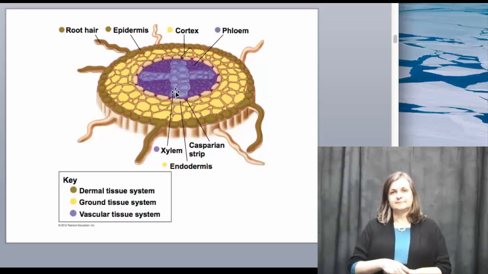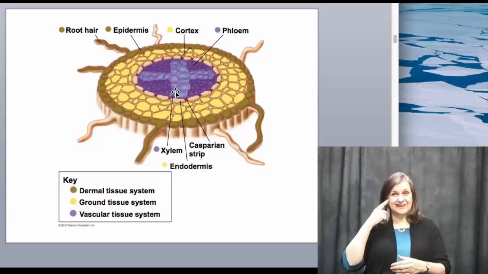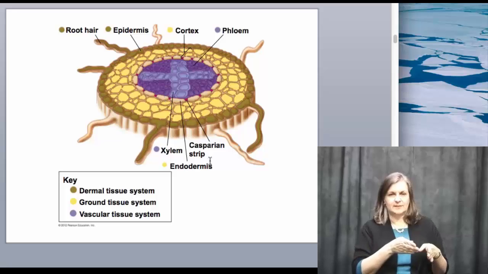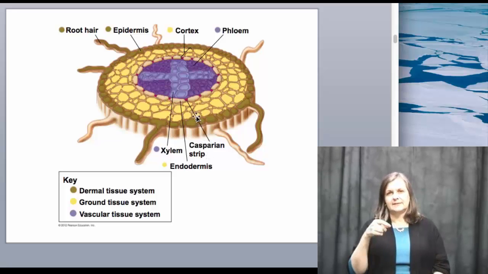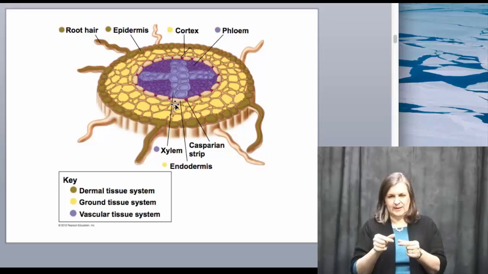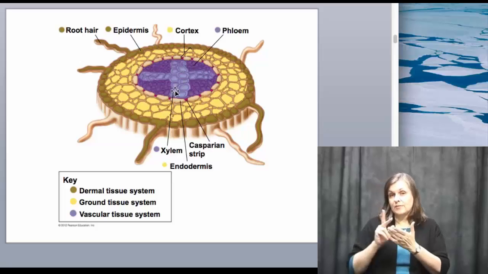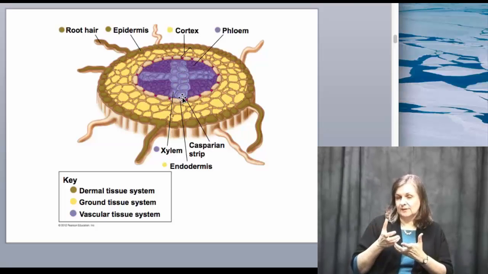So when we look at this process, what we need to think about is things are likely moving through both routes. We've labeled here the Casparian strip for you. This is where we're actually going to make sure that anything that's entering the xylem is what we want to have enter the xylem.